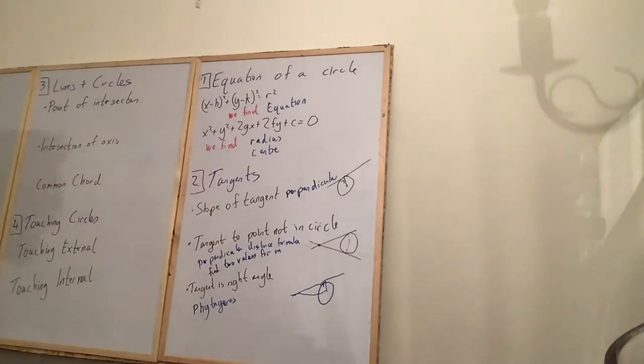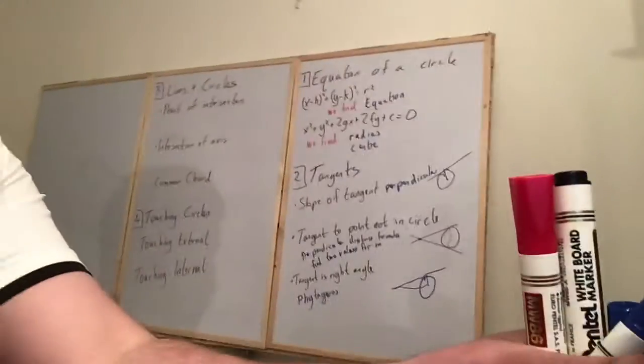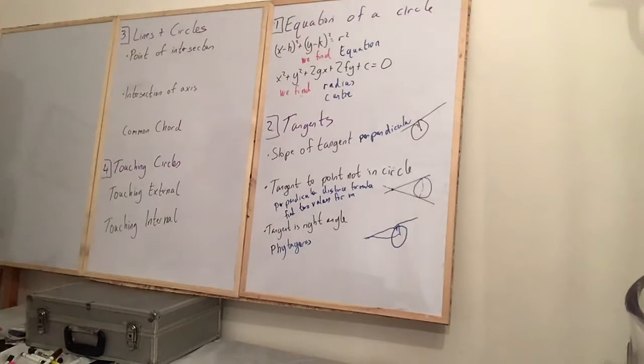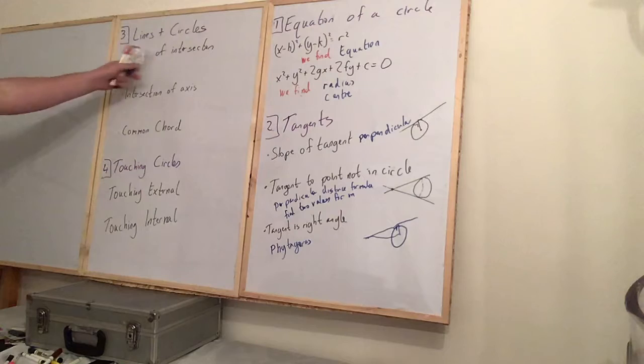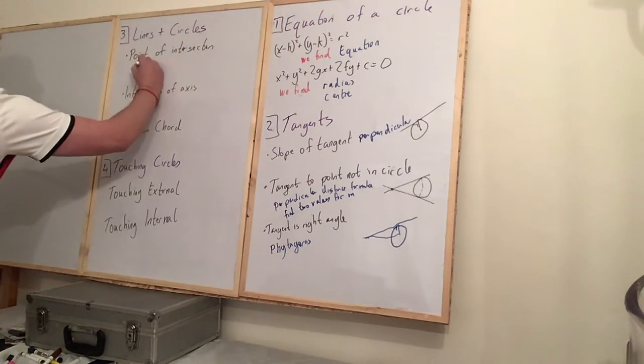The third step is going to be in relation to lines and circles. The first thing you have is the point of intersection. So if you had a line and a circle, and you need to find the point of intersection, what you would use is simultaneous equations.